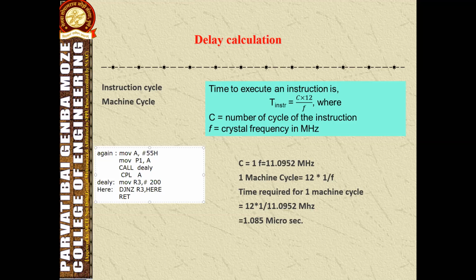Here they are asking what is the time delay provided by this delay subroutine. The delay subroutine is starting from here: delay, MOV R3, #. So what time is this subroutine providing? We have to calculate it here. They have given the frequency, which is equal to 11.0592.